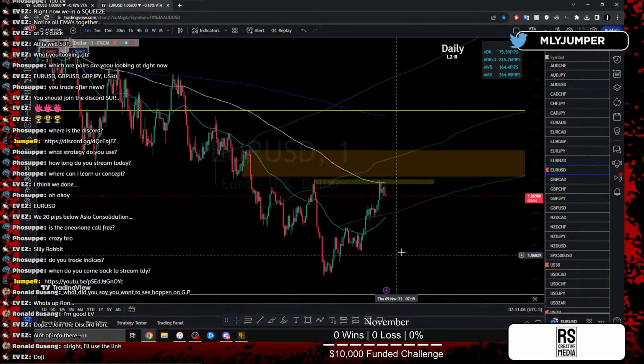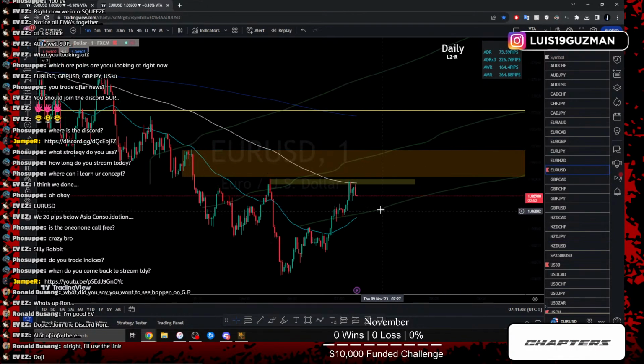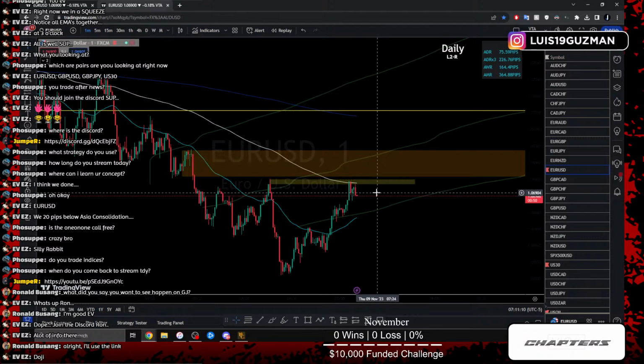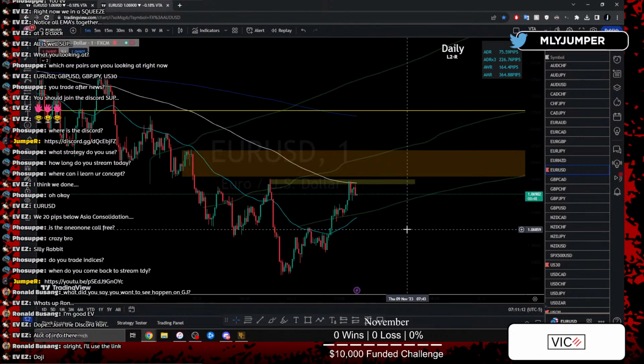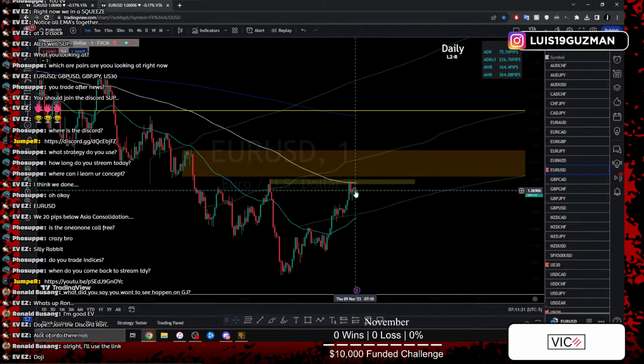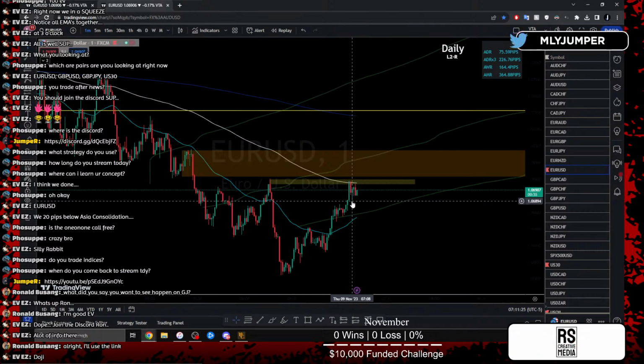right to the bottom, and then here's where we want to see the same thing: green, green, red engulfing, right? To then see a potential short. Now again, why I don't like this red engulfing, because it didn't close below the entirety of the first wick here.